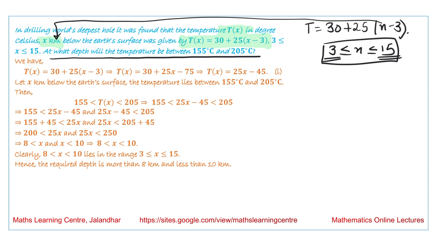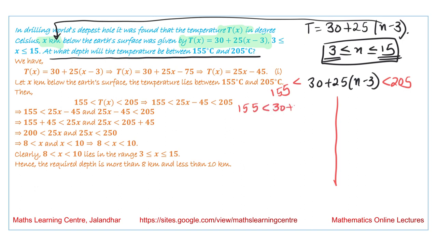So we require this temperature 30 plus 25 into x minus 3 to lie between the values 155 to 205. So again we have two inequations over here. First is 155 is less than 30 plus 25 into x minus 3, and second is 30 plus 25 into x minus 3 is less than 205.